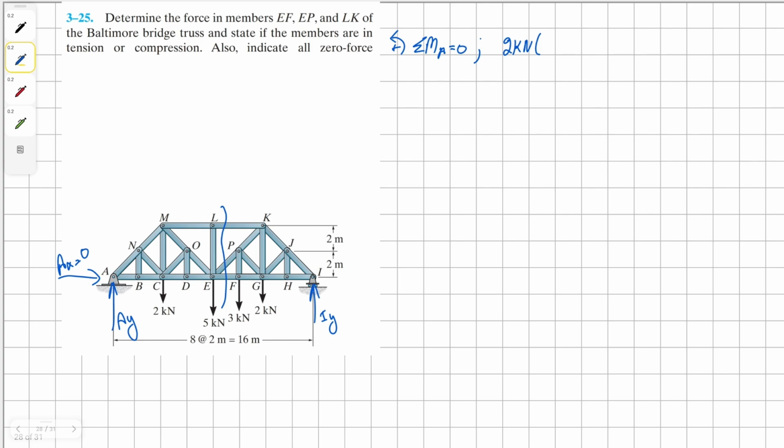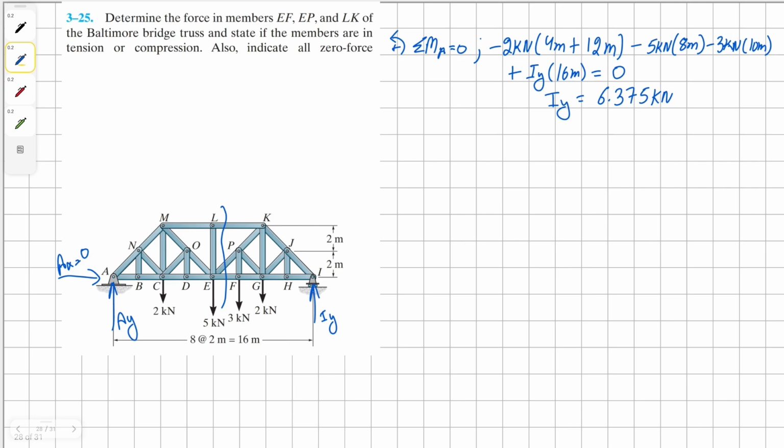First one is 4 meters away from E, and the second one is 12 meters away from A. And then we have 2 more external forces of 5K and 3K. 5K is 8 meters away, and 3 is 10 meters away. And finally, we have counterclockwise IY, and it's 16 meters away from E, all equals to 0. Solving for IY, we get our solution as 6.35 positive.